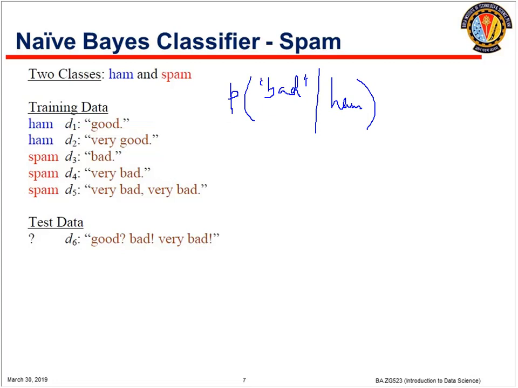There's a question: if the sentence is "not good", actually it is bad, then what will happen? Don't worry, we are looking at all the examples. That question we will discuss later. Right now, let's continue with this.